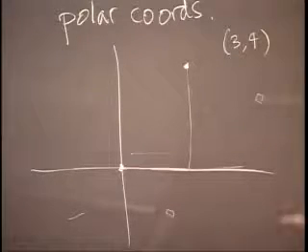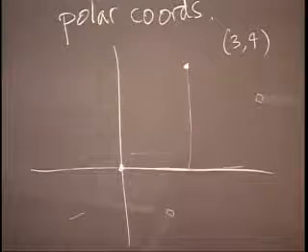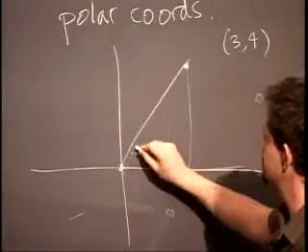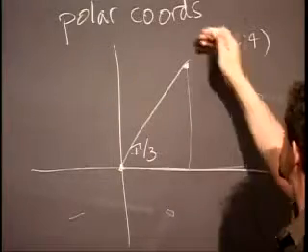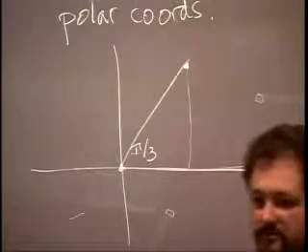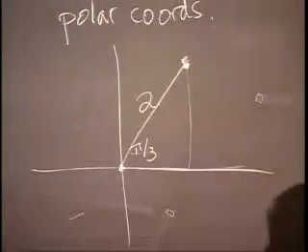Well, another way of describing it, imagine now that you're facing east as before, but instead of telling you how far I want you to walk this way and then this way, I say, rotate an angle of theta, where I tell you what that theta is. Say, 60 degrees, pi over 3. This is going to be a different point. I say, rotate pi over 3, and then I tell you how far to walk. Walk 2 feet, 2 units. That's another way of describing that point.